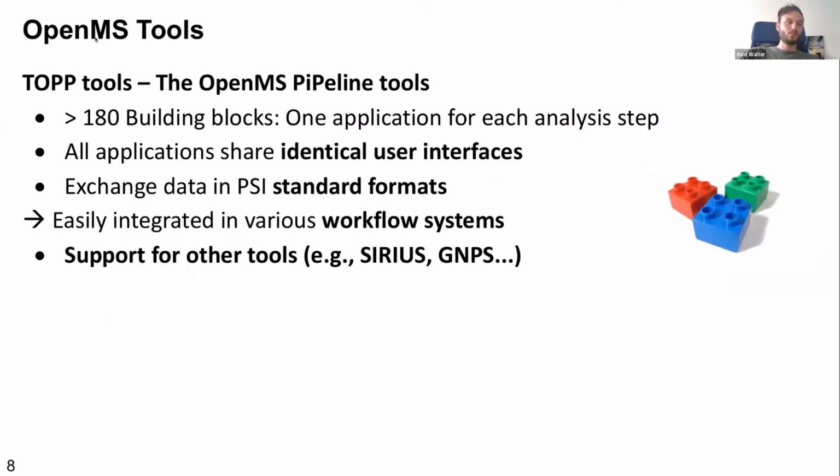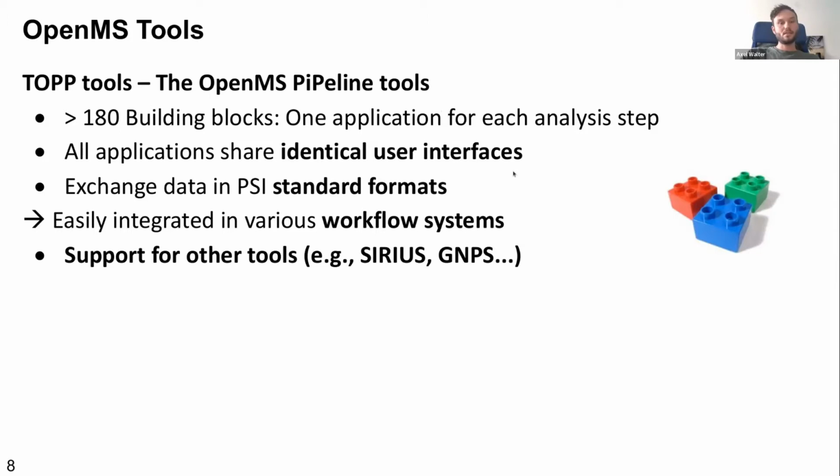So as mentioned, the OpenMS tools are the TOPP tools, also the OpenMS pipeline tools. And right now we have close to 200 of these. And the idea is to have one small tool that does one of the analysis steps very well.